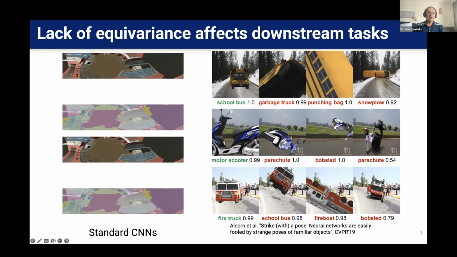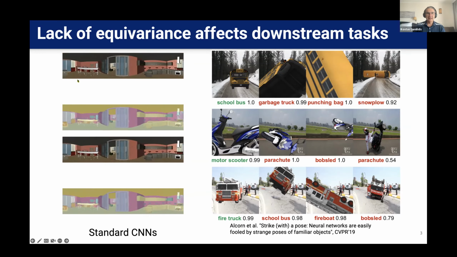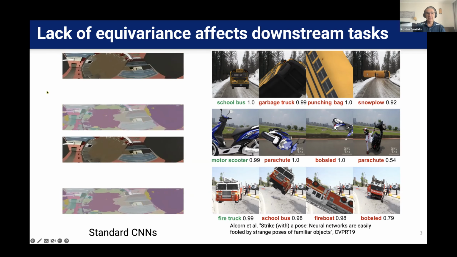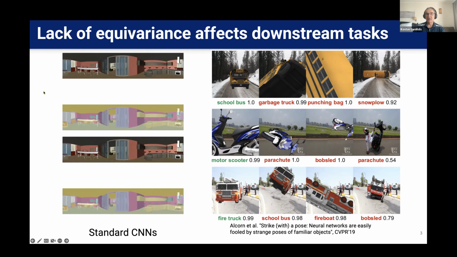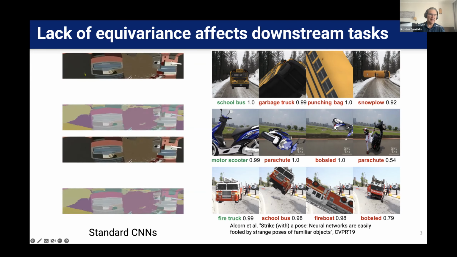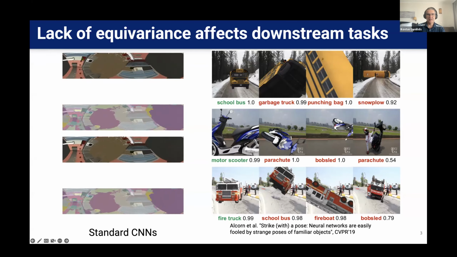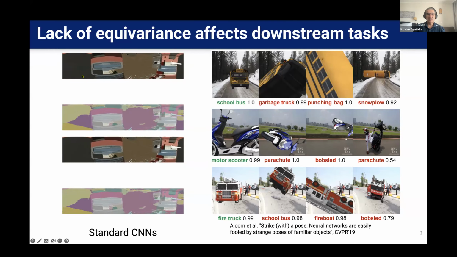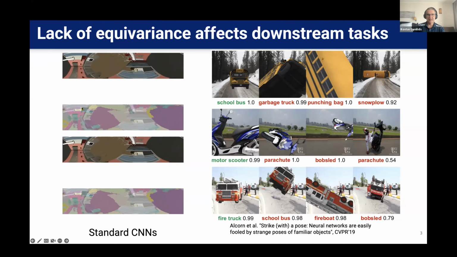When we apply basic tasks like semantic segmentation without making our network equivariant, in the left case it is equivariance in SO3 on spherical image segmentation, we see that the semantic segmentation completely fails here on the bottom.